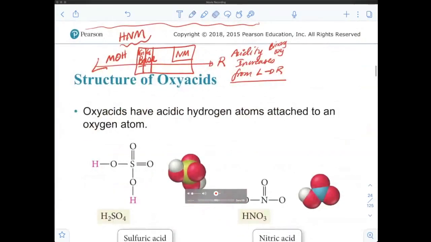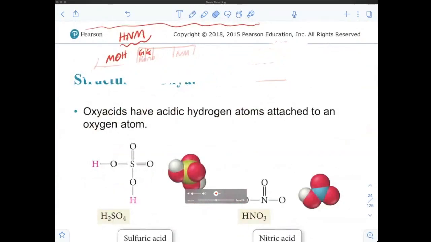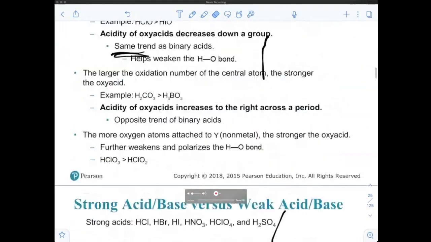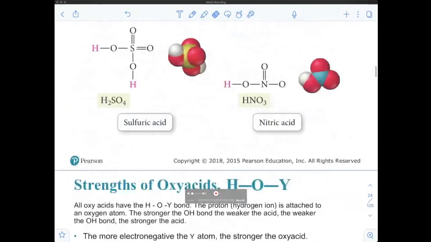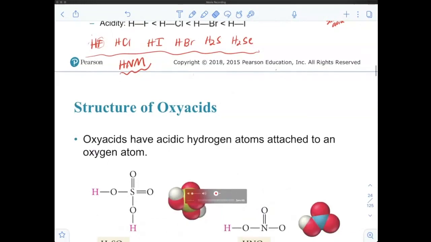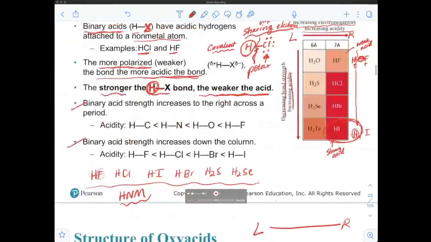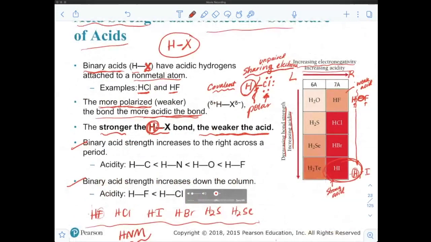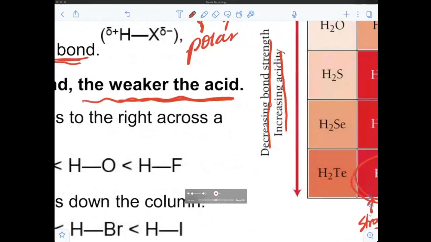When it comes to oxyacids, things get a little bit more complicated. Let me talk about the generic trend before we move on. With oxyacids, just like with binary acids, when you're going from left to right, decreasing acidity means less acidic.